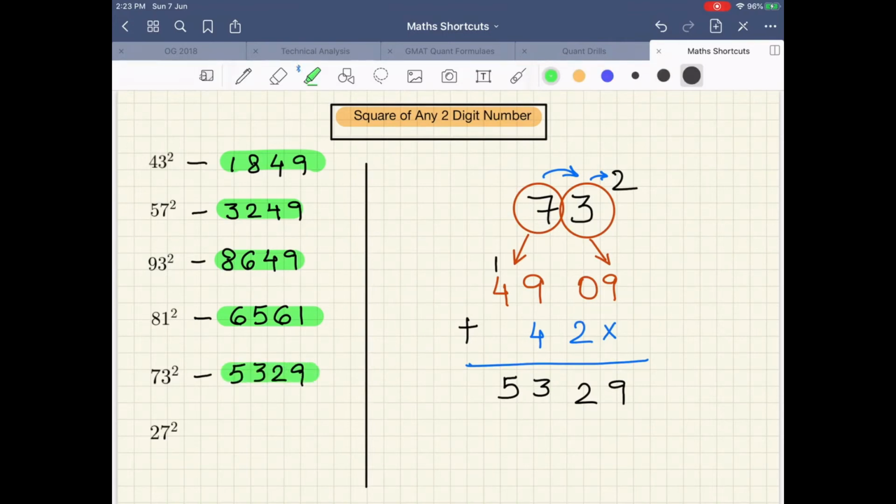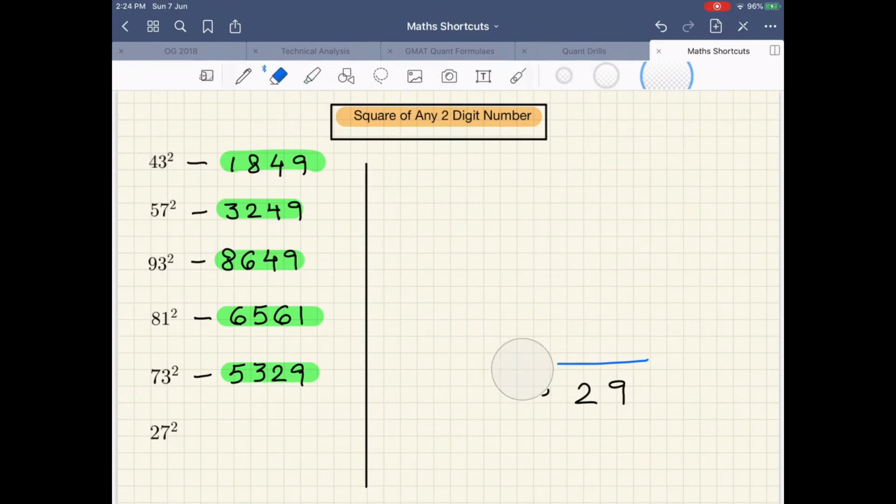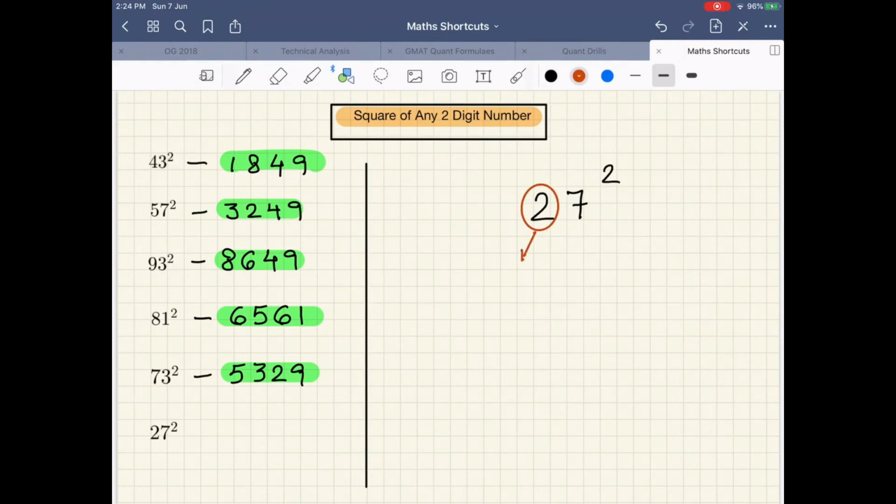The last question, 27 square. So firstly, 2 square is 04, 7 square is 49, 7 2s are 14, 14 2s are 28.